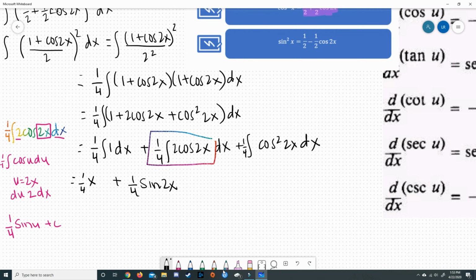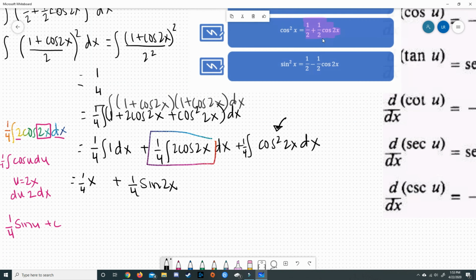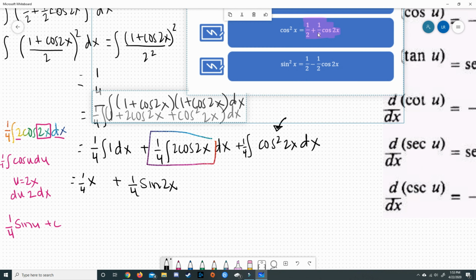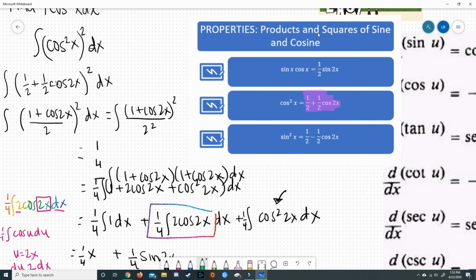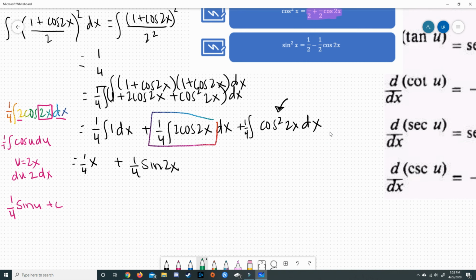Now the last piece is we need to integrate this, but we don't know how yet because of that square. So let's replace that square again with this business. When we replace that square, I'm just going to take this piece.